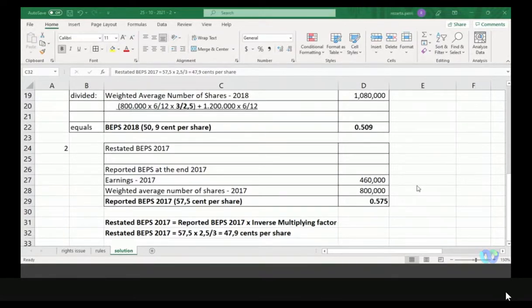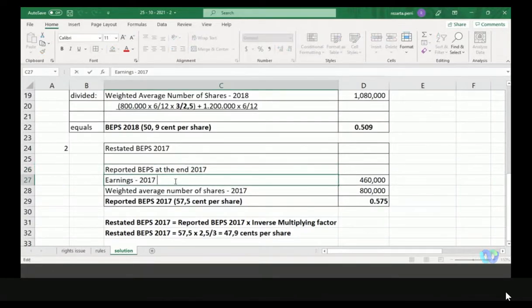Now, what we basically do for 2017, and we could do that, is to, again, do not write anything, please. I'm just going to undo everything later. Maybe we can calculate the restated basic earnings per share by restating the amounts of both earnings and weighted average.